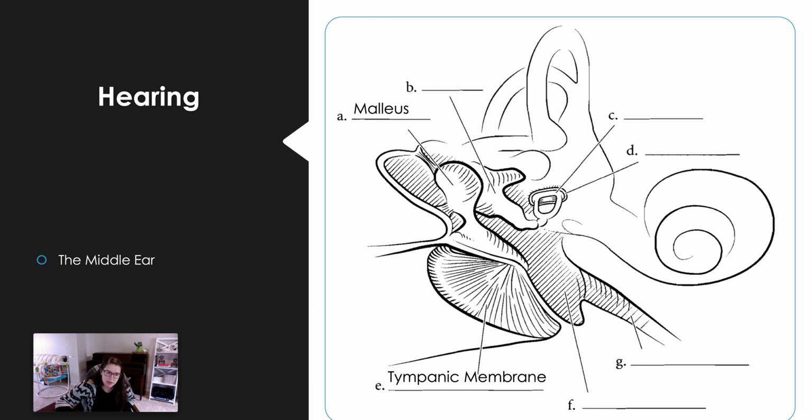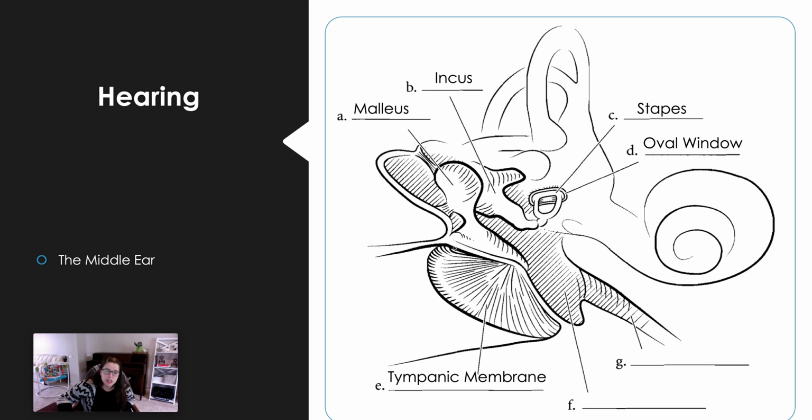Malleus means hammer, because in some angles that's what it looks like. Not in this angle. From there, the malleus is connected to the incus, which means anvil. It continues to send that vibration through to the stapes, and the stapes then connects to the oval window. We're going to talk about the oval window in just a bit.